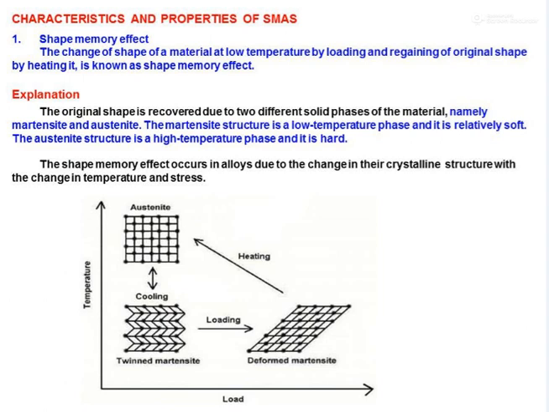At that stage, if you apply a small load, then automatically the twinned martensite will change into deformed martensite. Then the third process is heating. When you heat the material, the deformed martensite will transform into the austenite phase.